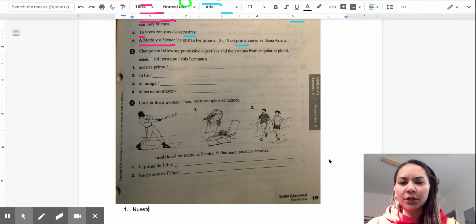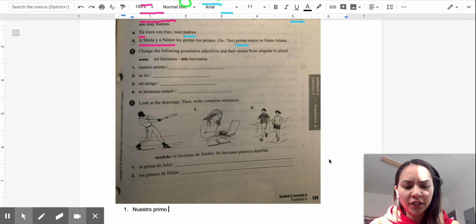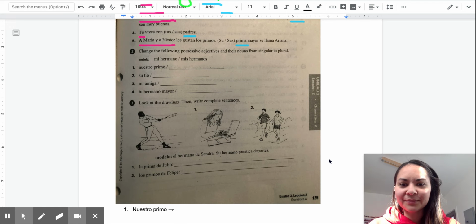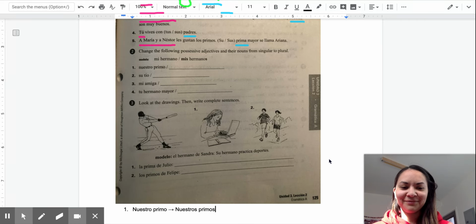So it's nuestro primo, right? And it changes into, I wish I had an arrow, there we go, it makes an arrow. So now you just have to add S to both of those words. Nuestros primos. And that's it.